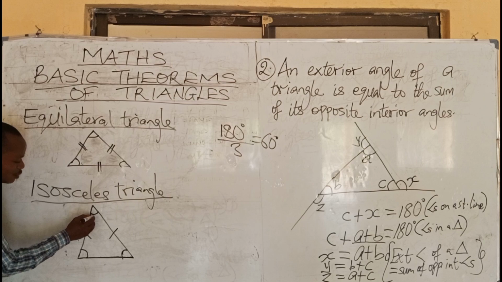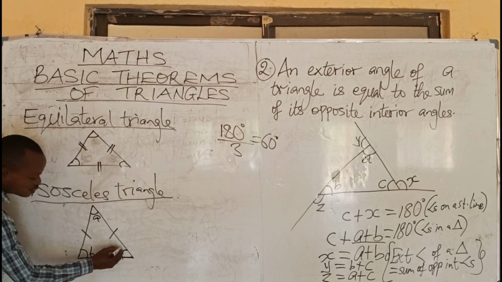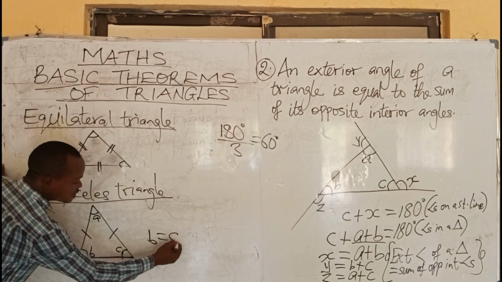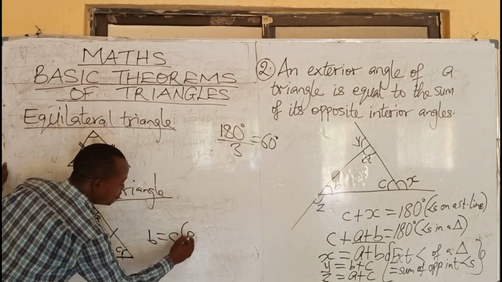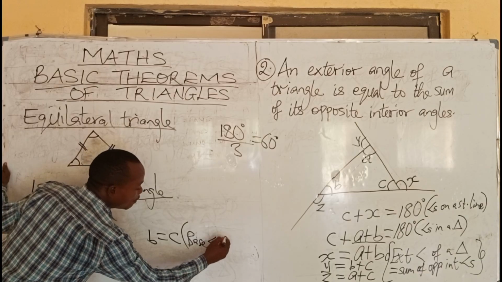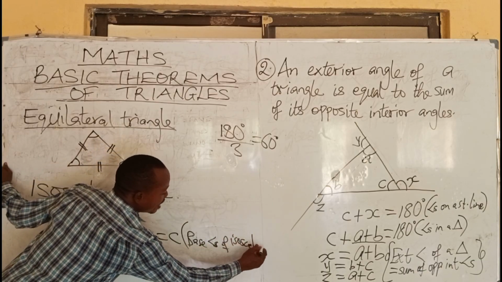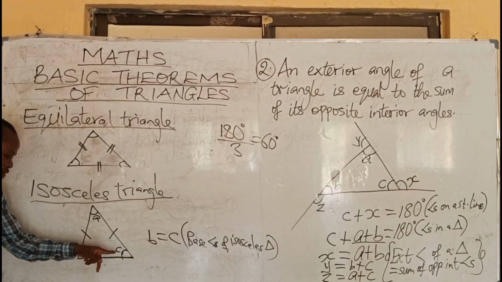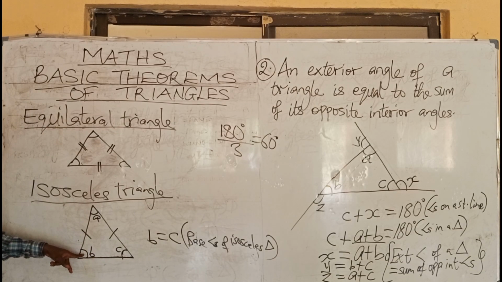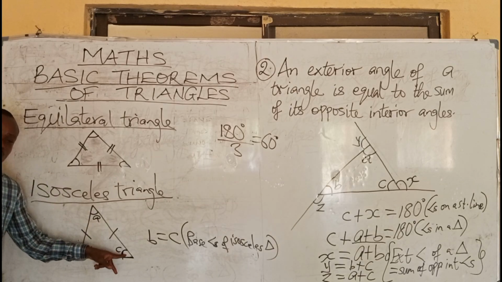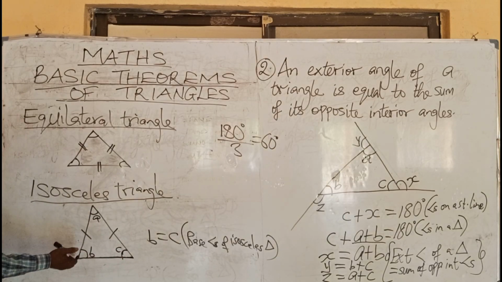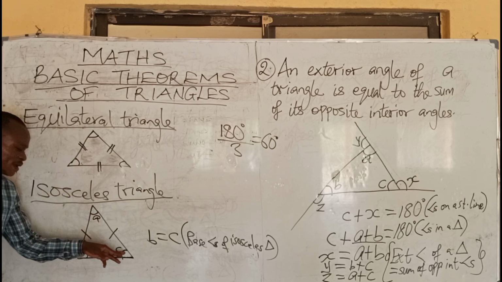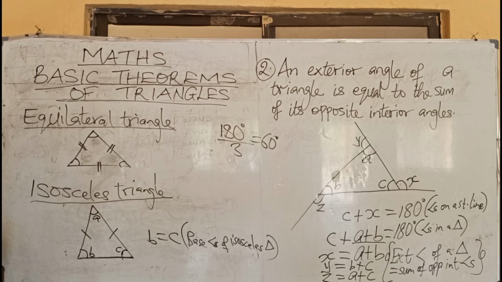So if we have angle A here, angle B here, and angle C here, we are saying that angle B is equal to angle C, and the reason is that they are base angles of an isosceles triangle, B and C. So if angle B is 50 degrees, for example, it implies that angle C will also be 50 degrees. If angle B is, let's say, 75 degrees, it implies that angle C will also be 75 degrees.